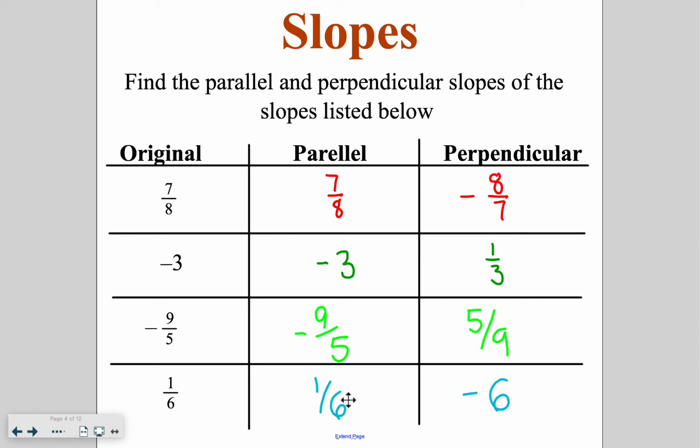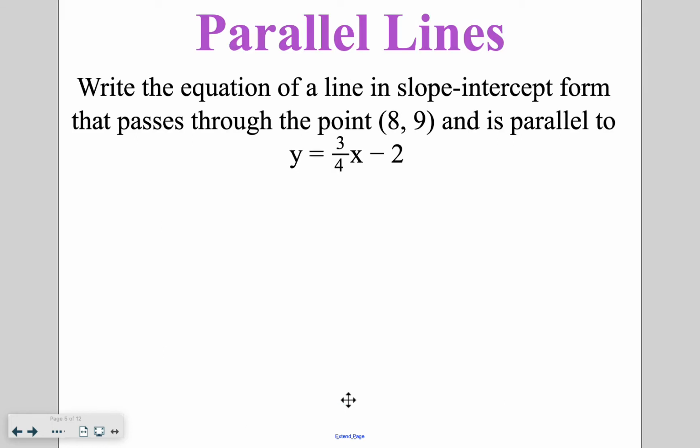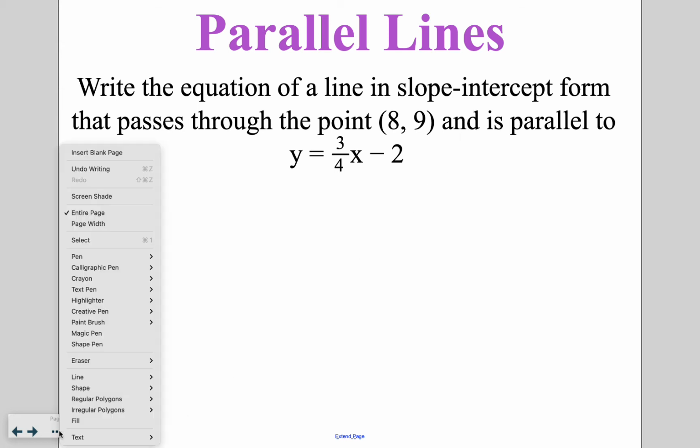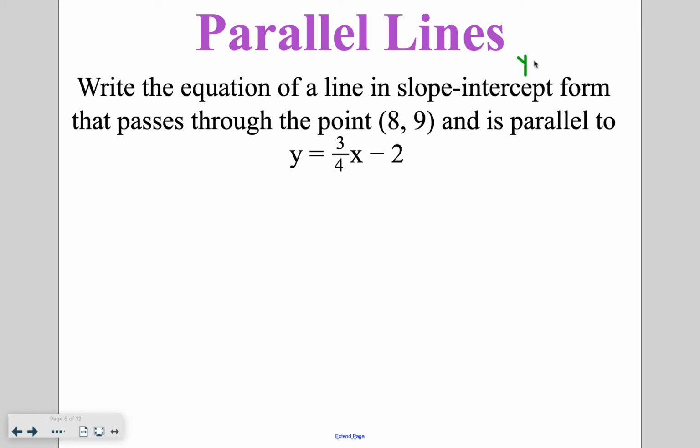So now that we've looked at the slopes individually, we're going to move into the part where we actually write the equation. Write the equation for a line in slope-intercept form. Remember that that is the y equals mx plus b format. That passes through the point (8, 9) and is parallel to y equals 3/4 x minus 2.